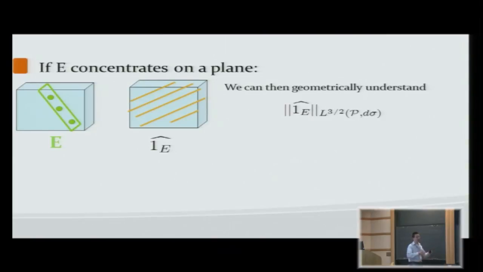I can prove something that's better than Stein-Tomas, but weaker than the full conjecture, if you're contained in, say, f to the delta planes. And as delta increases, the estimate gets worse.